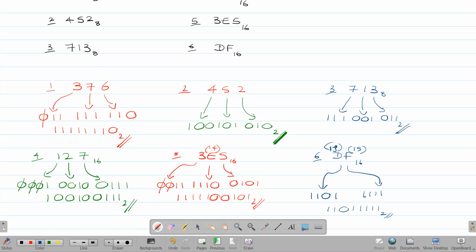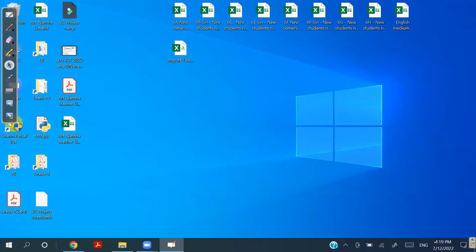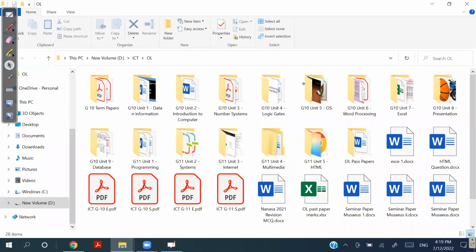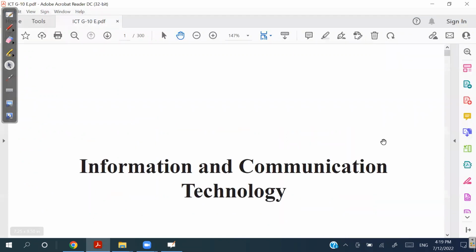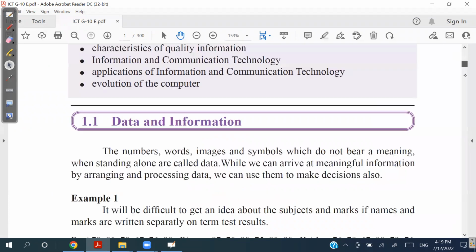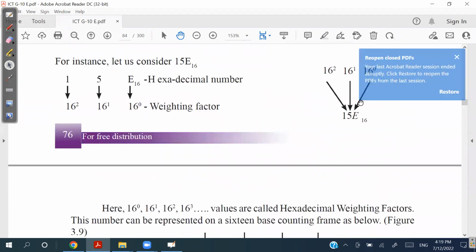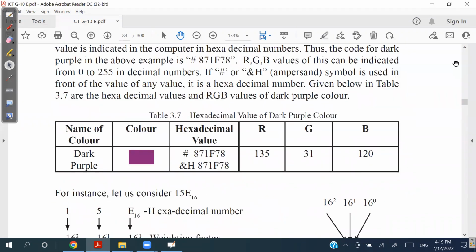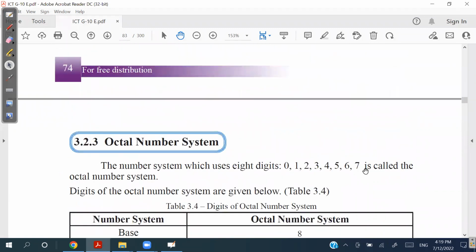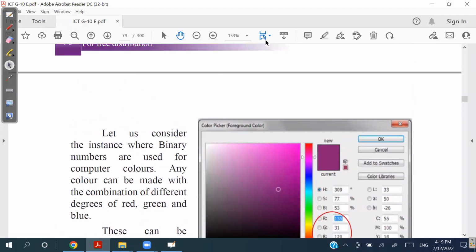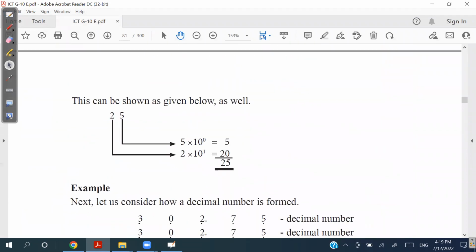Okay, so let's move to your textbook for a moment and go through and see if we missed anything out of this. So yes, we started from here. We talked about different types of number systems.